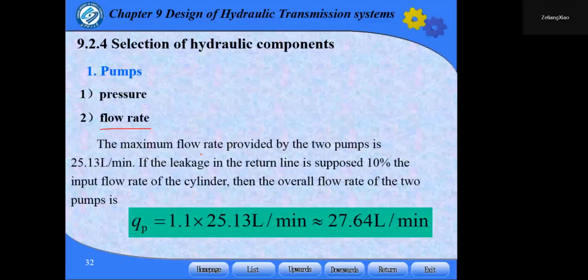The maximum flow rate provided by the two pumps is this one. If the leakage in the return line is supposed to be 10%, then considering the input flow rate of the cylinder, the overall flow rate of the two pumps is this one.